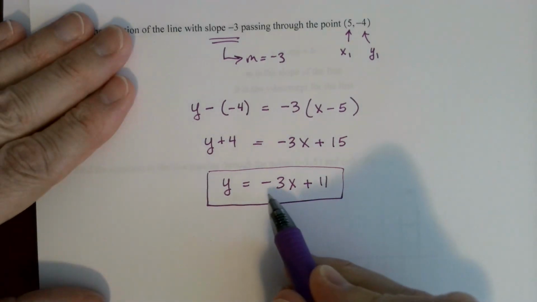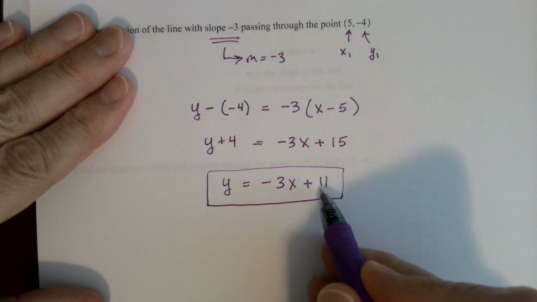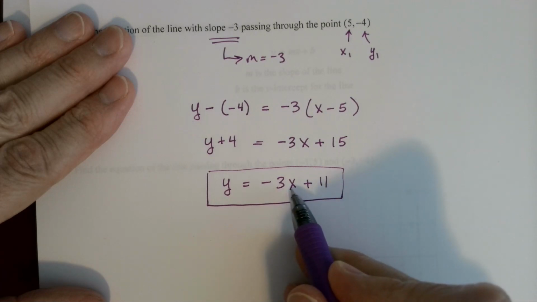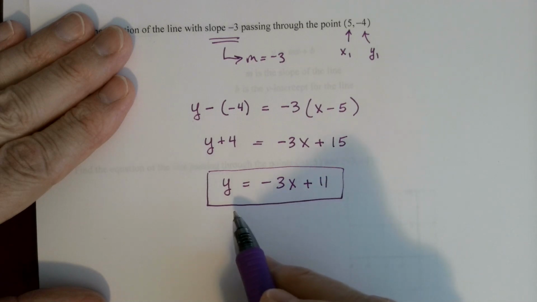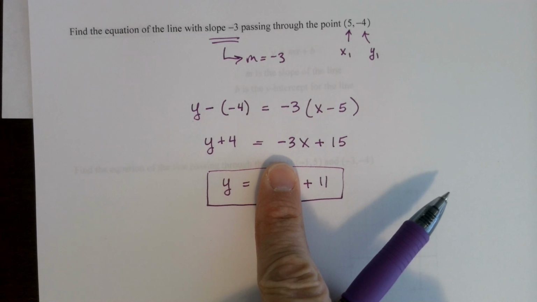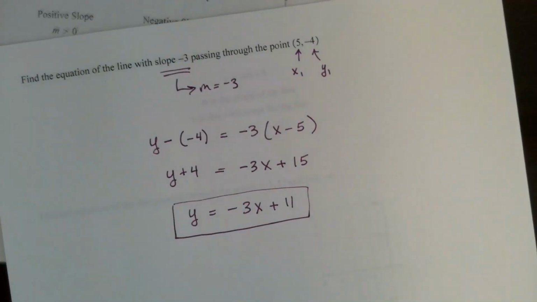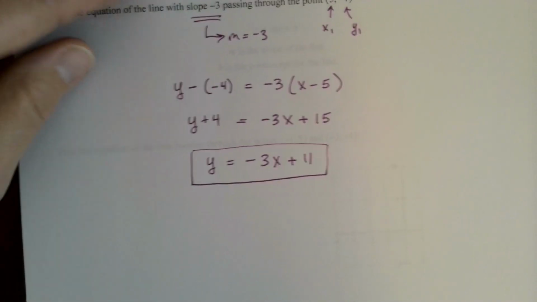So that makes sense that we're multiplying the slope by the x coordinate. What's this 11? Well, if I let x be 0, I'm talking about the point that's on the y-axis. When x is 0, I get y is 11. So 11 is indeed the y-intercept for the line.